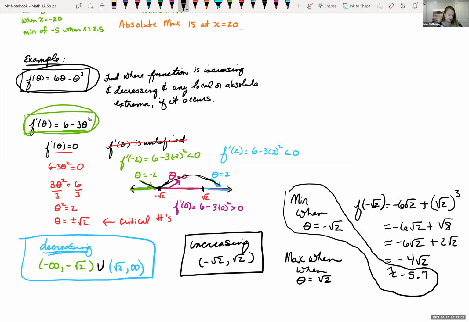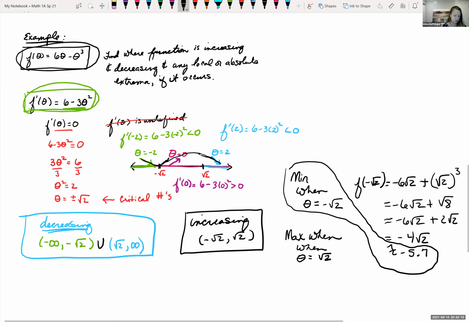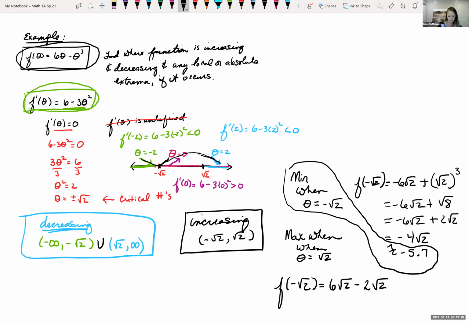And we would do the same thing now, and we would plug positive root 2 into our original function. This gives us 6 root 2 minus root 2 quantity cubed. So that is 2 root 2. So this would give us back 4 root 2, which is equal to positive 5.7, sorry.